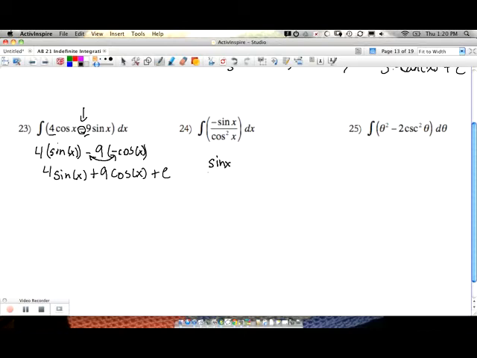I see sine of x over 2 cosine x's, like this. And even more so, we need the dx here, that means I can split this up into negative 1 over cosine times sine over cosine.